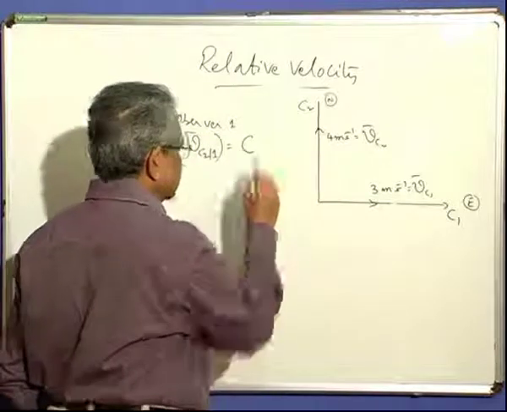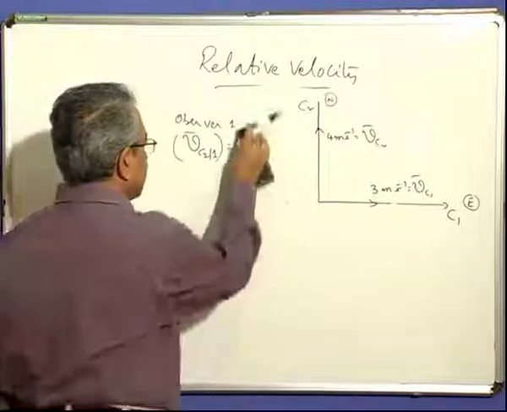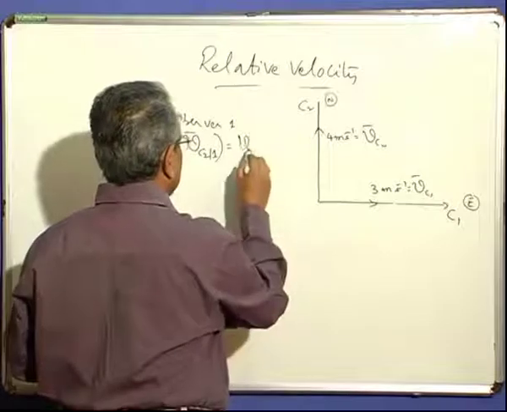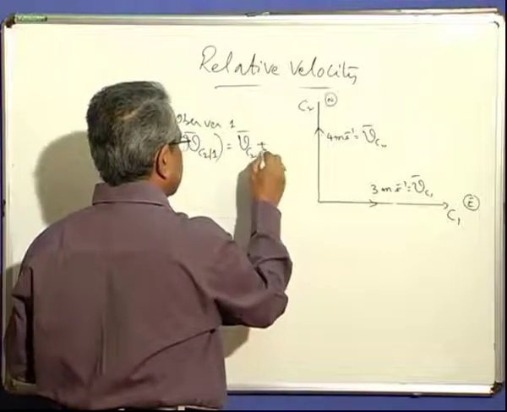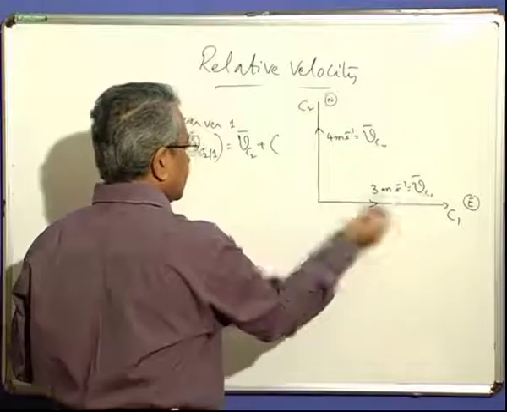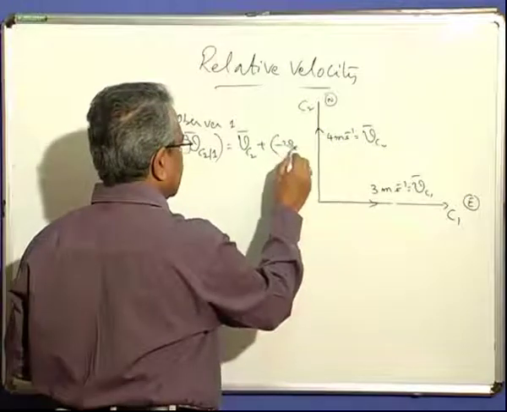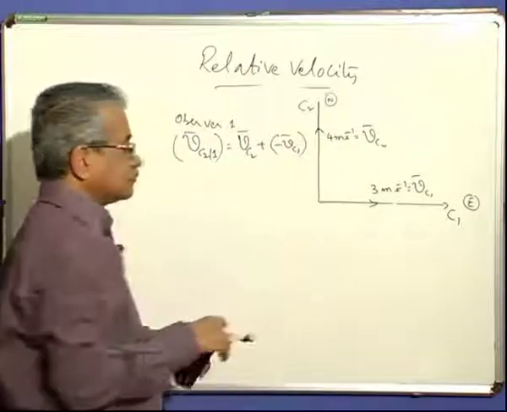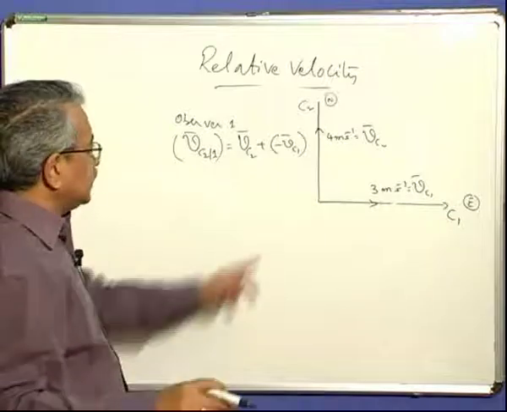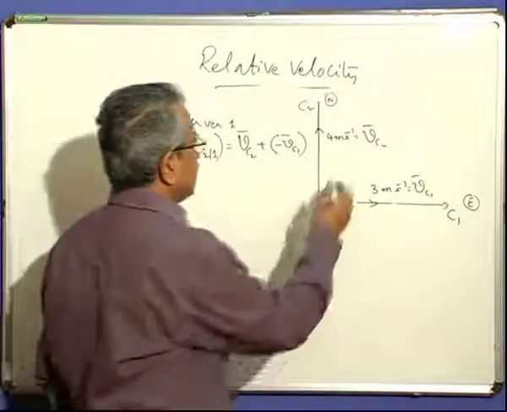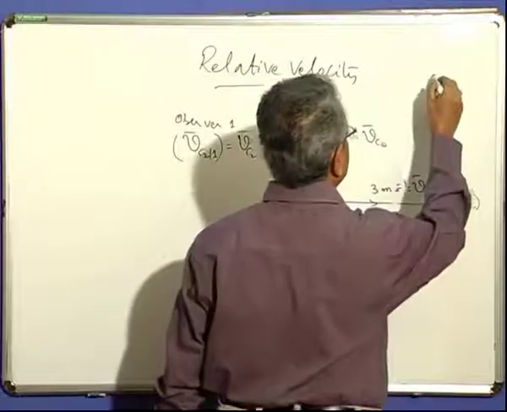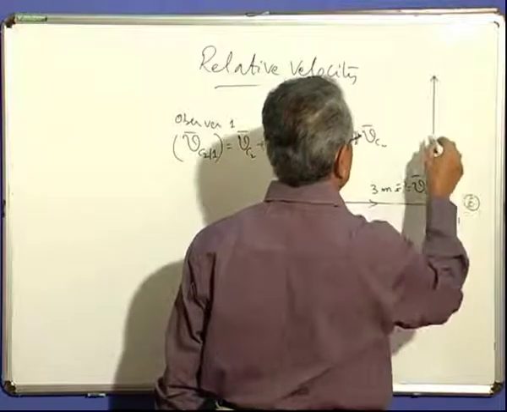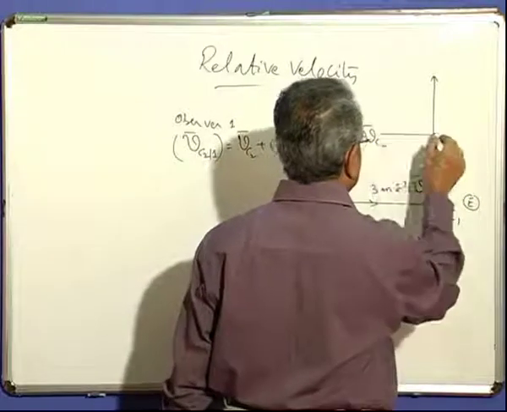Actual velocity of the car, that is VC2 plus the reverse velocity of the observer, minus VC1. Now see in the picture how we will have it. Actual velocity of this is this, and the reverse velocity of this is in this direction like that.